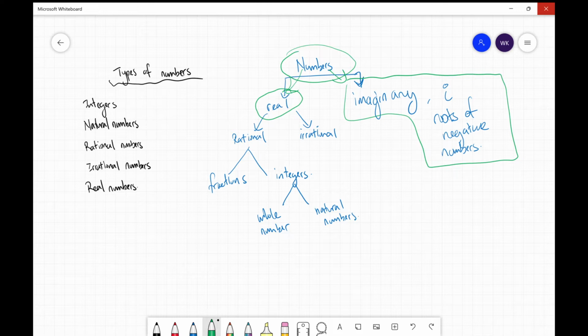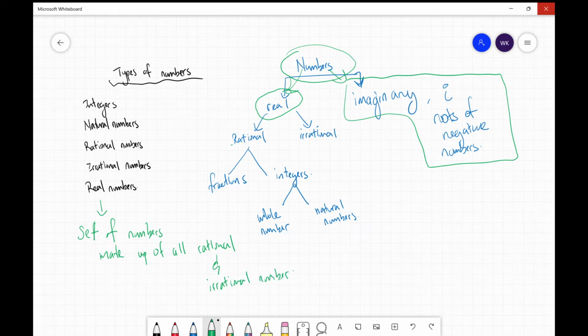So what are real numbers? Real numbers is a set of numbers that are made up of all rational and irrational numbers.